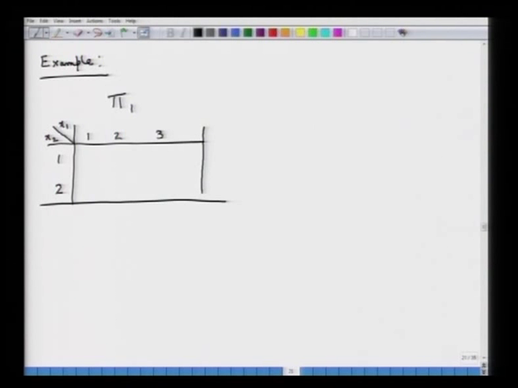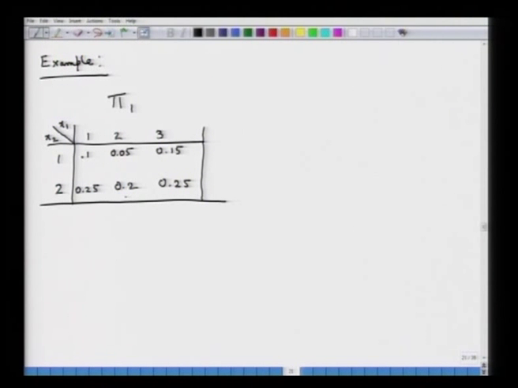The probability table corresponding to this bivariate setup is that the probability that (x1, x2) takes the value (1, 1), when it is coming from the first population, is 0.1. Similarly, this probability is 0.05, this is 0.15, this is 0.25, this is 0.2 and this is 0.25.